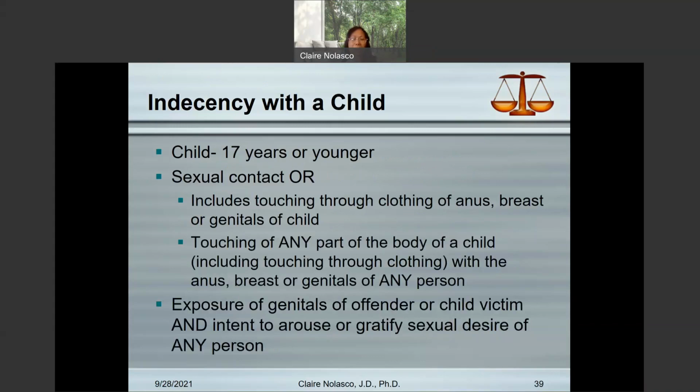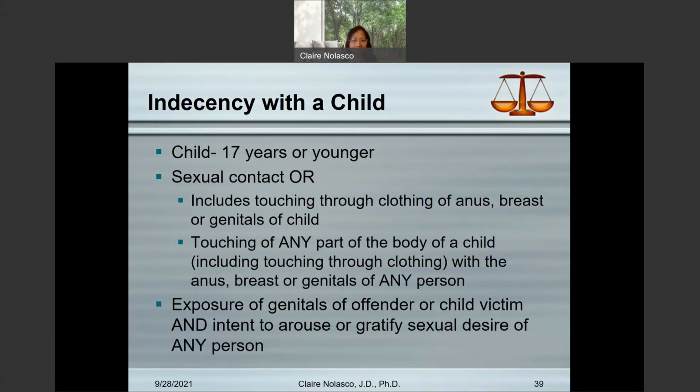Now let's look at indecency with a child. Indecency with a child requires that the victim is a child 17 years or younger, and there are two forms. First, sexual contact, and second, exposure.